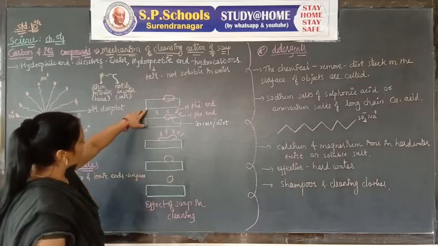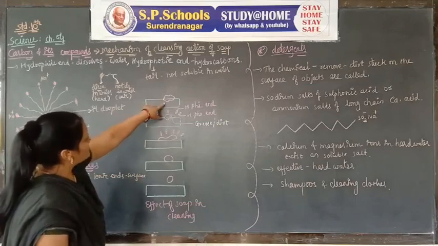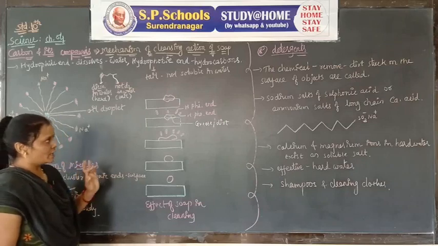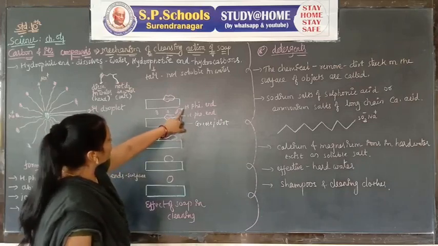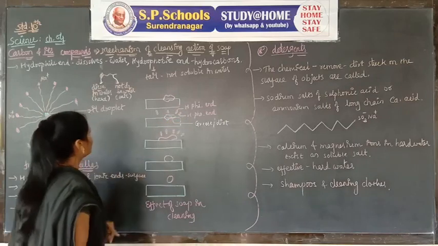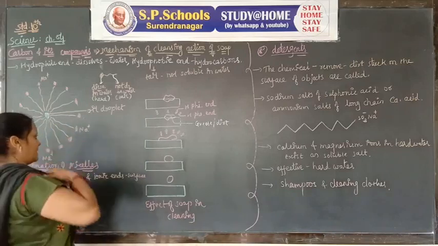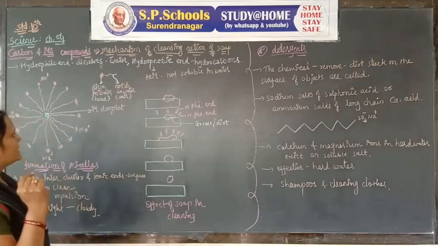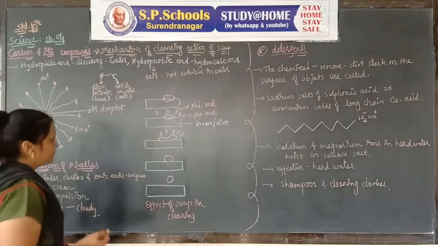Here the grease or dirt part, when we apply the soap on the cloth, two ends occur, the hydrophobic end and the hydrophilic end. Hydrophilic is the head and hydrophobic is the tail.